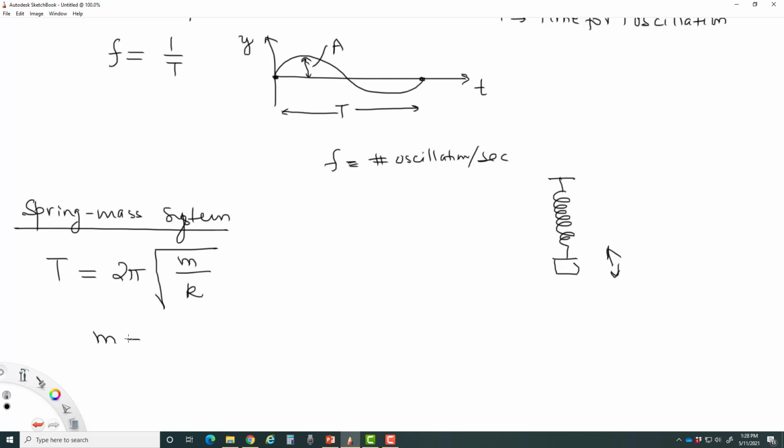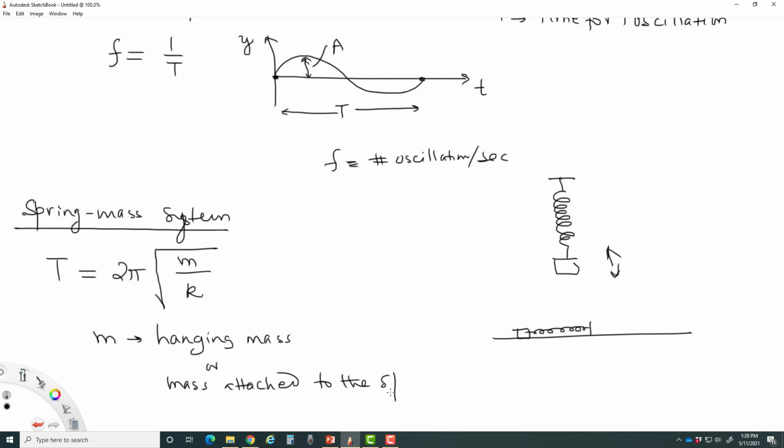Here m is the mass of that object, the hanging mass, or sometimes it could also be on a horizontal plane. In that case it's not hanging, it's just the mass attached to the spring. And k in this case is the spring constant.